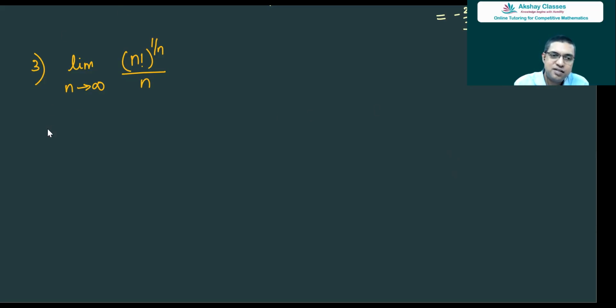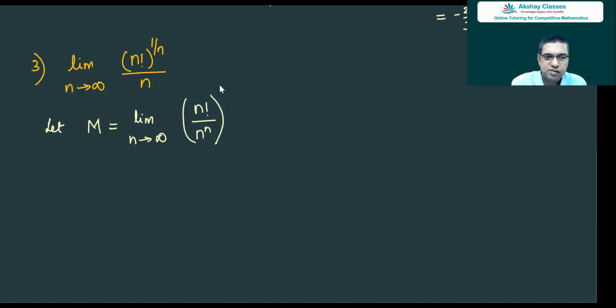All right, look at this. Let this be m. m is the limit of n tending to infinity. What is n factorial? I'll do it this way. I will write this as n factorial upon n raised to the power n, to the power 1 upon n.